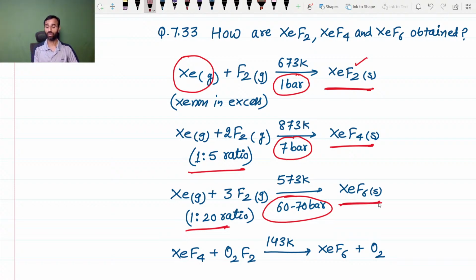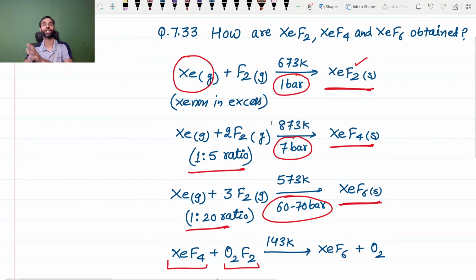And XeF6 can also be prepared by fluorinating XeF4, because O2F2 is a very powerful fluorinating agent. So XeF4 can be converted into XeF6 with O2F2, right? So these are the methods of preparation of XeF2, XeF4 and XeF6.